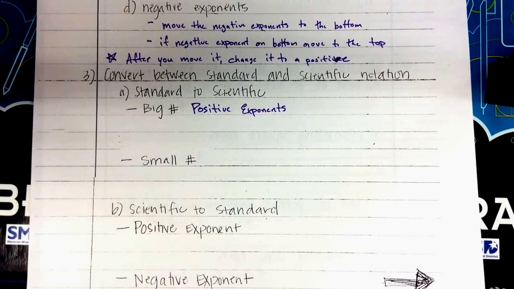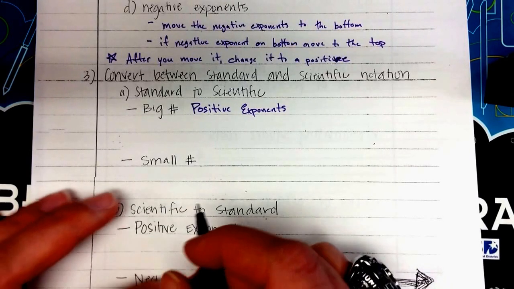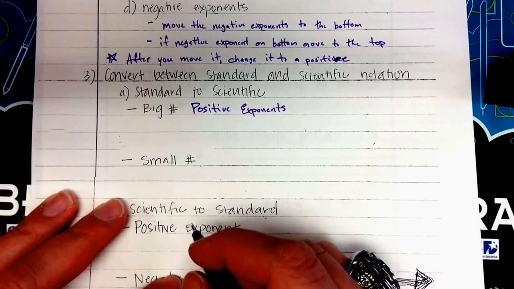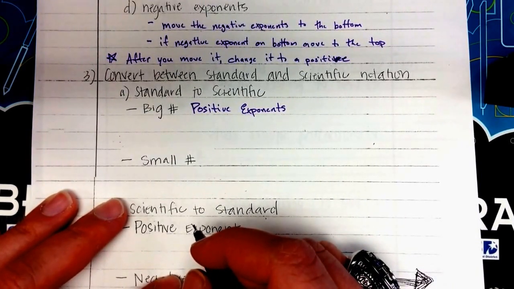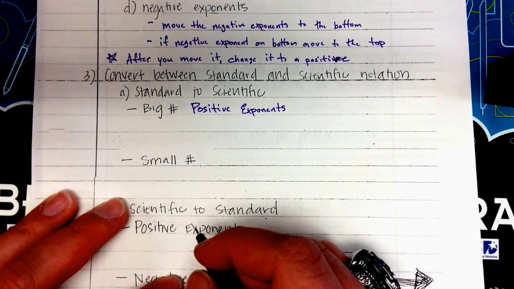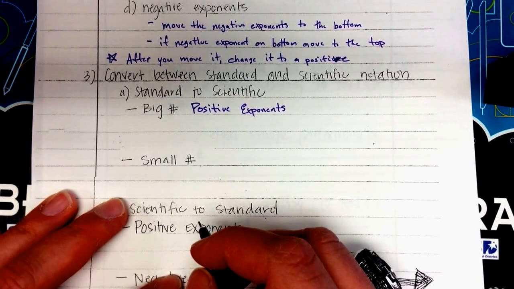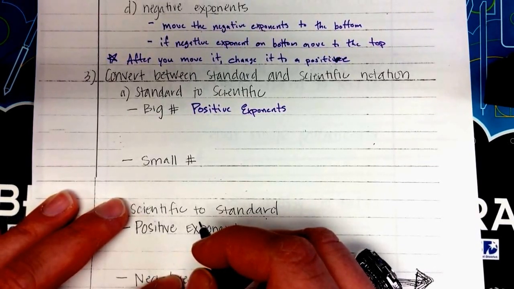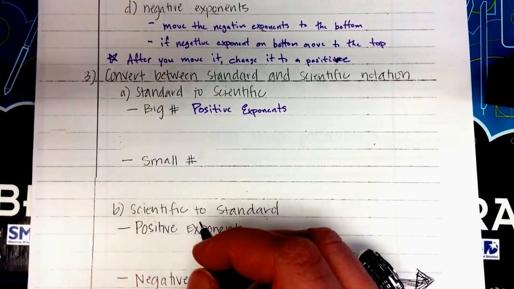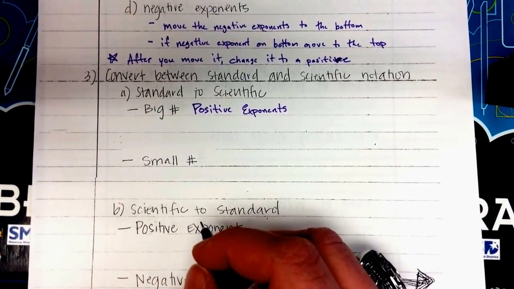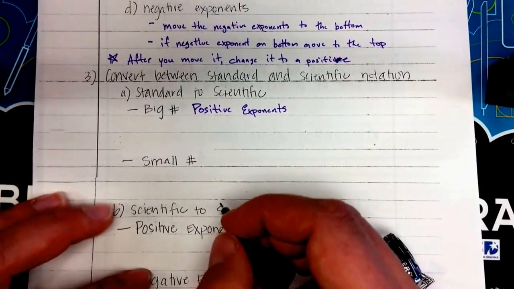So when you're moving to scientific notation, what's that major rule that applies to all scientific notation problems? One thing you always have to remember, Cameron. Good. So Cameron says that we can only have one non-zero digit to the left of the decimal.